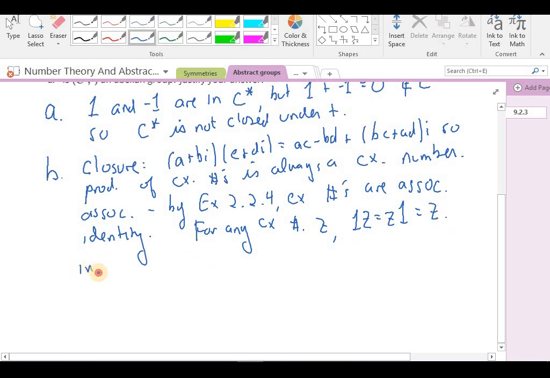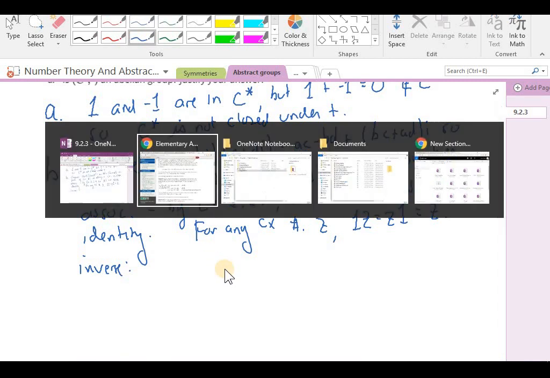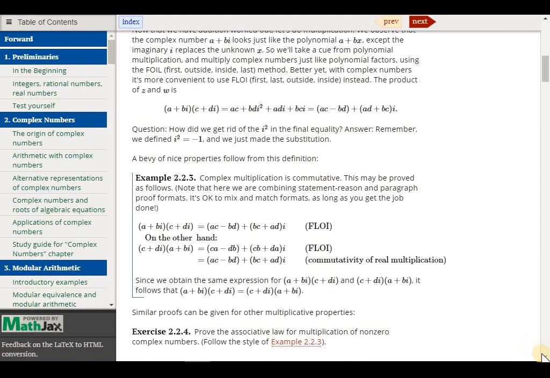Then you have inverse. And here I think you can go again to the chapter and find the place where it mentions inverse. I'll give you this one and we can see how you do it.